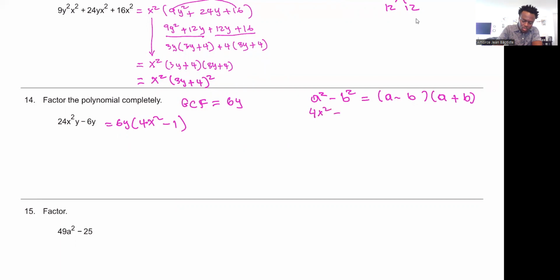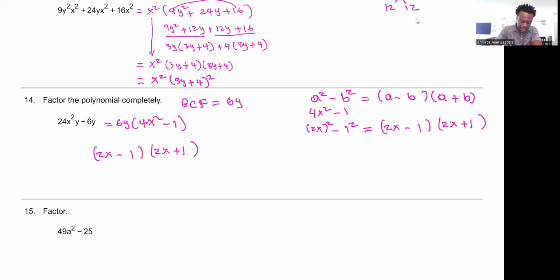So now, 4x squared minus 1 is like (2x) squared minus 1 squared. If we apply this, it'll be 2x minus 1 and 2x plus 1, which is the completely factored form of 4x squared minus 1.